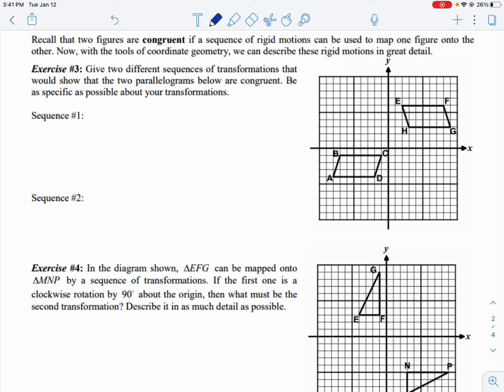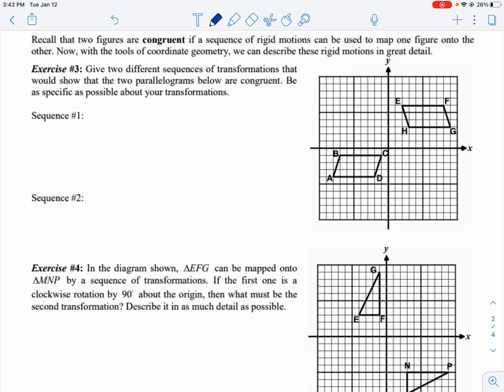And what do I mean by map? I mean that somehow I can get this shape here to line up with this shape here. So how do we go about doing that? We've got a couple options here.